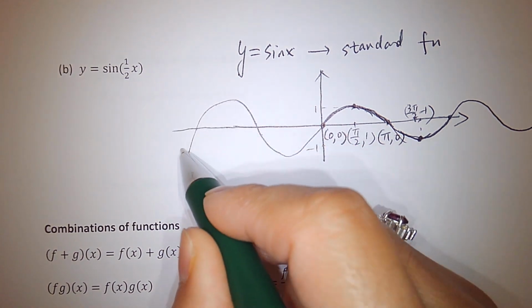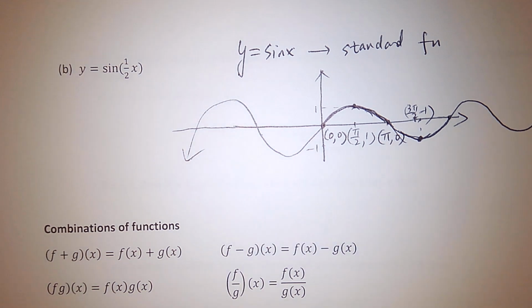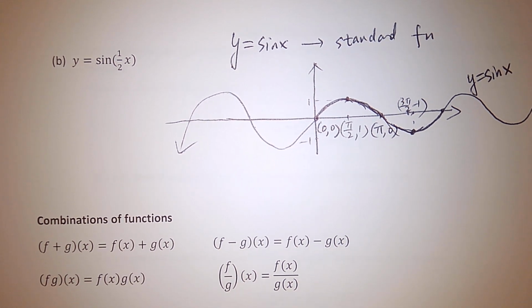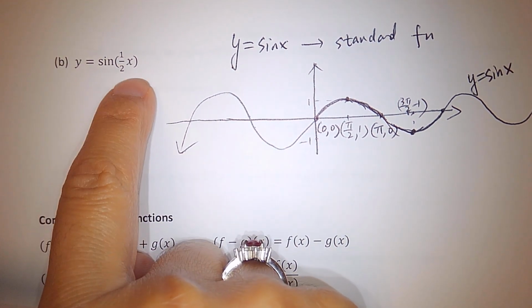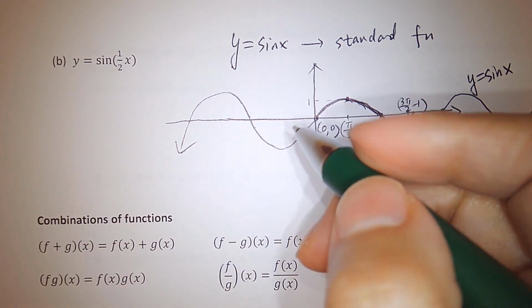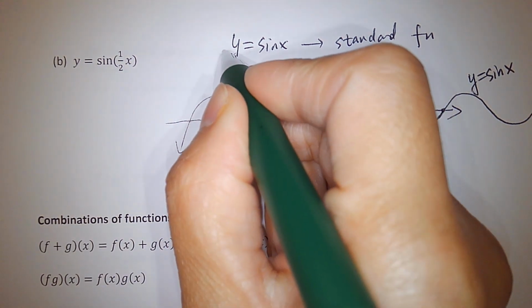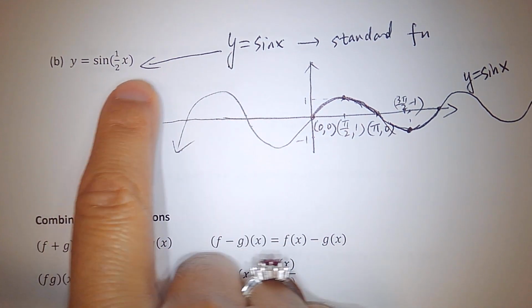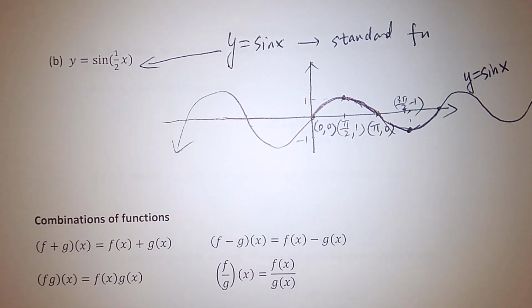I'm just going to graph it very briefly. My graph doesn't look very good, but okay. So this is y equals sin of x, the standard one, right? But the function we have is y equals sin of 1/2 x. Now, my question is, from the standard function to this function, what kind of transformation can we make?